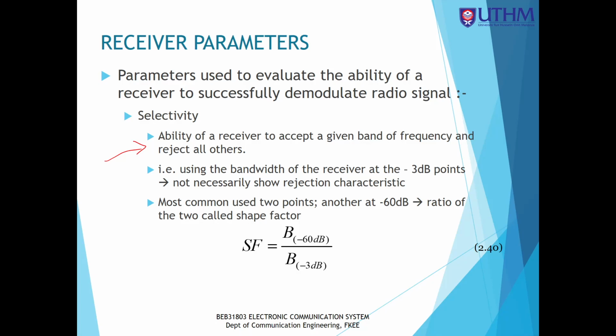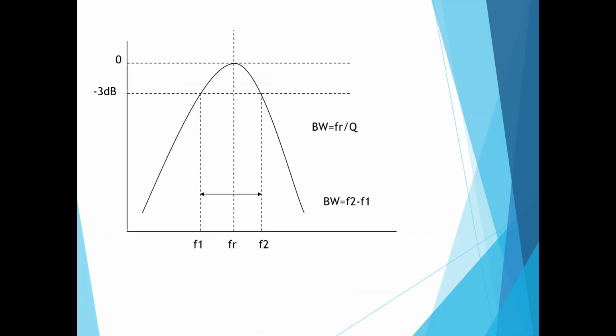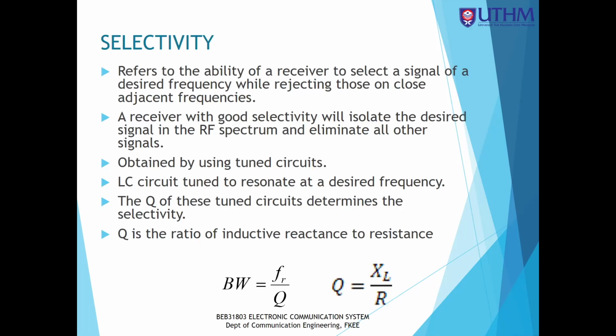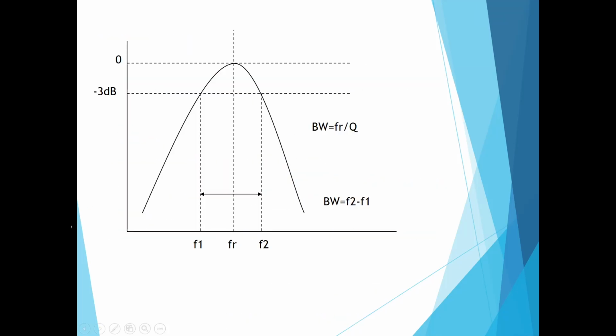We can use what we call the shape factor. The filter shape factor is equal to the bandwidth at minus 60 dB divided by the bandwidth at minus 3 dB. This is based on the frequency response curve. Here, I skip to this graph. This is the frequency response of the filter inside the tuned circuit in the receiver.